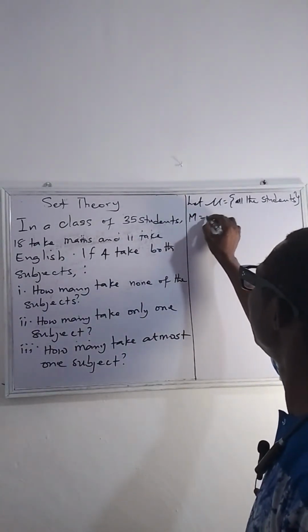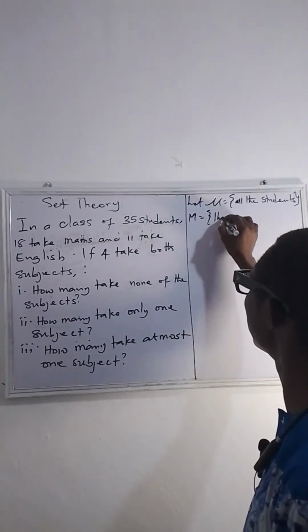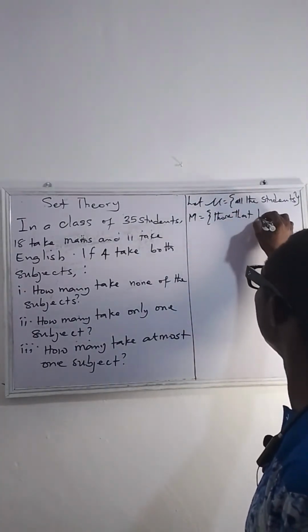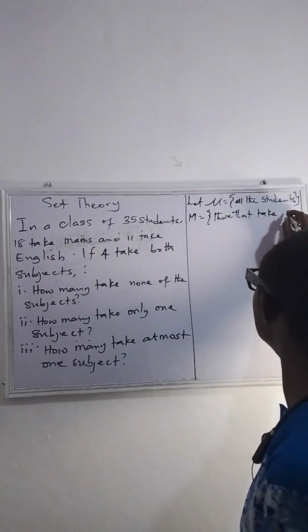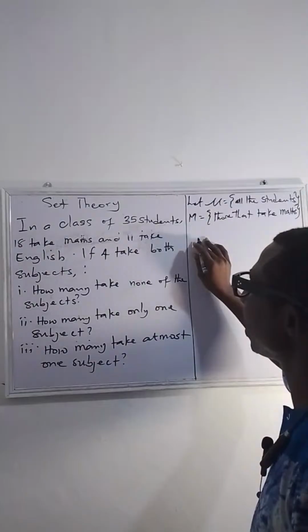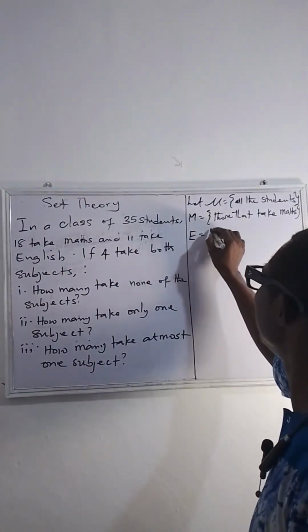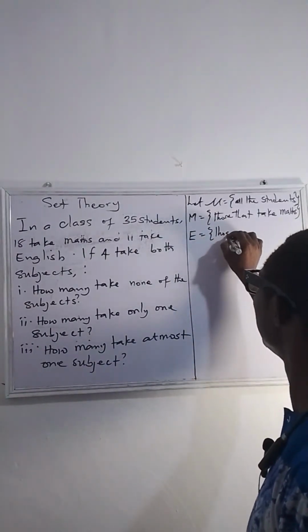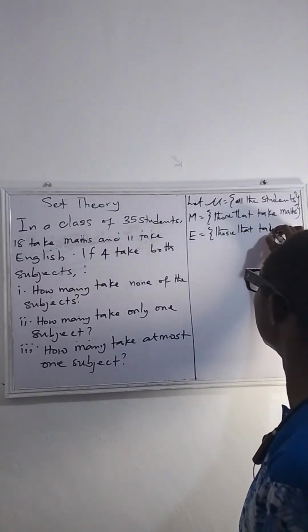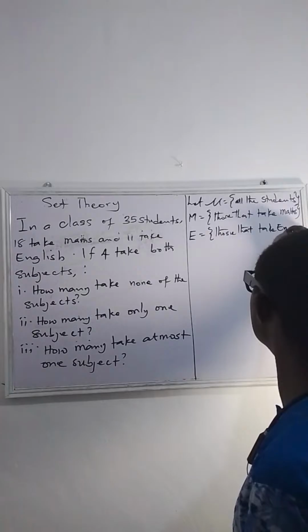So if curly U is the set of all the students, then we have M to be the set of those that take maths, and E to be the set of those that take English.